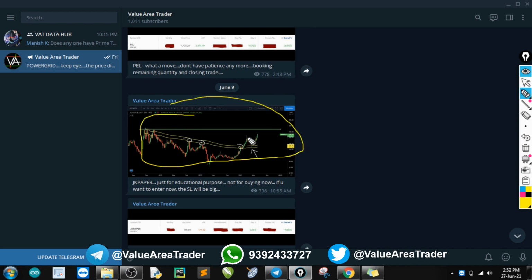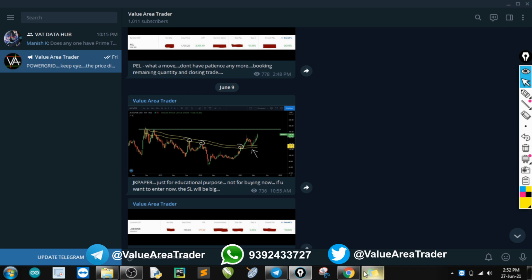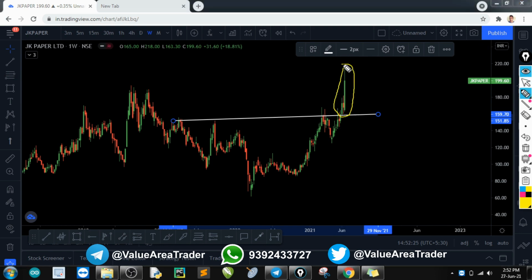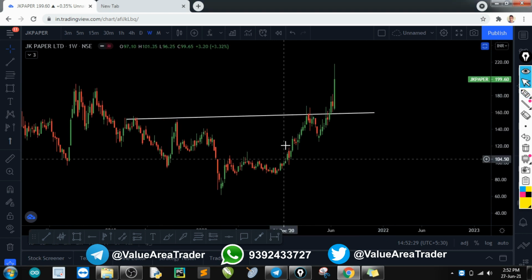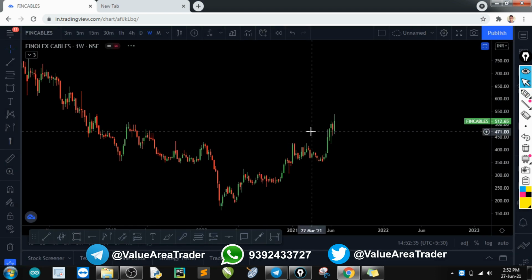At that time the price was at 170, and now it has already reached 199 in, I think, less than a week. So this was a very bullish movement. This was the inverted head and shoulders of JK Paper. Then let's say Finolex Cables, I also had a position.